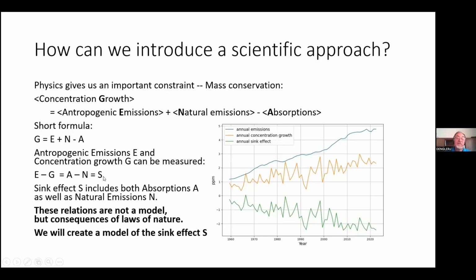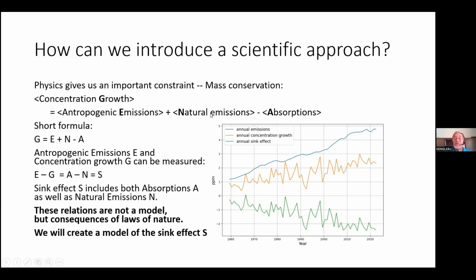This difference we just abbreviate; we call it the sink effect, the natural sink effect. And so we illustrate this here. The blue curve are the annual emissions. The orange curve are the annual concentration growth, quite wiggly.